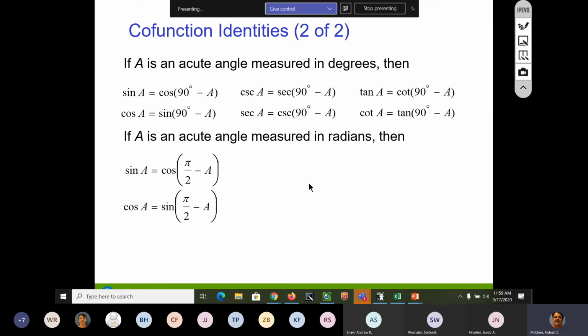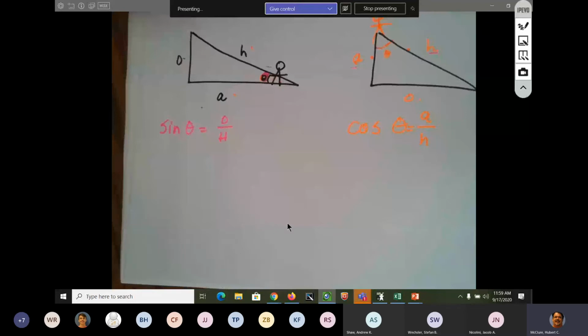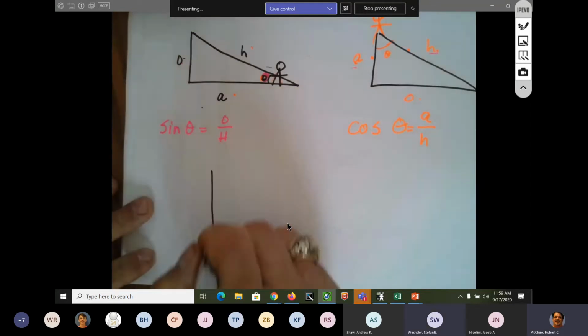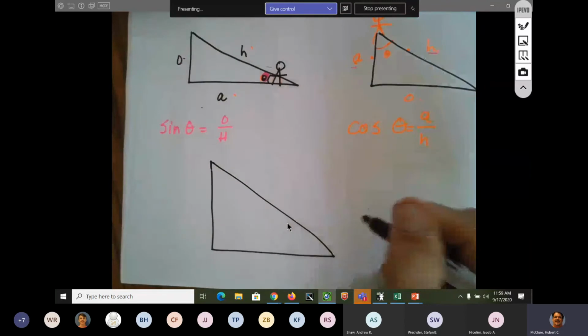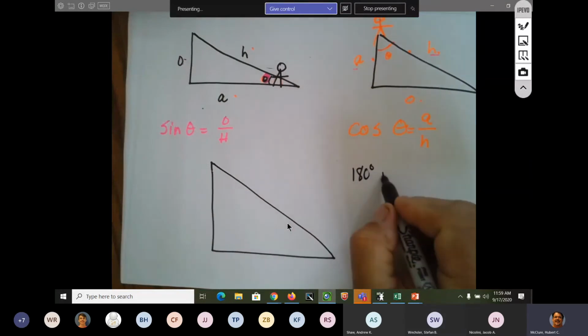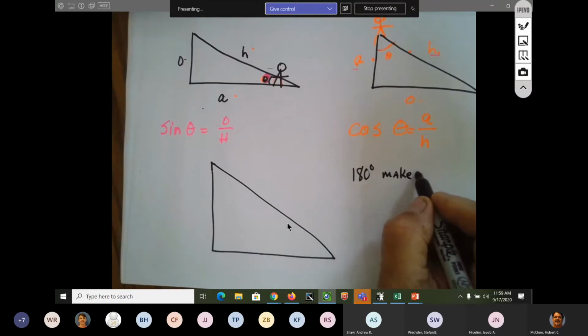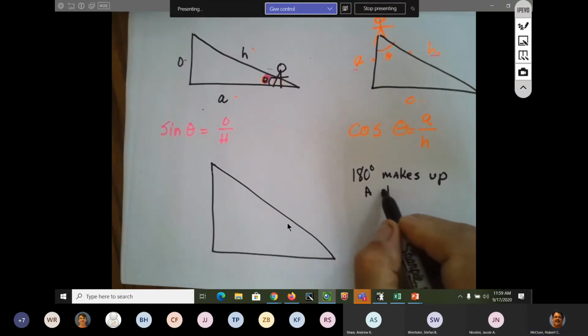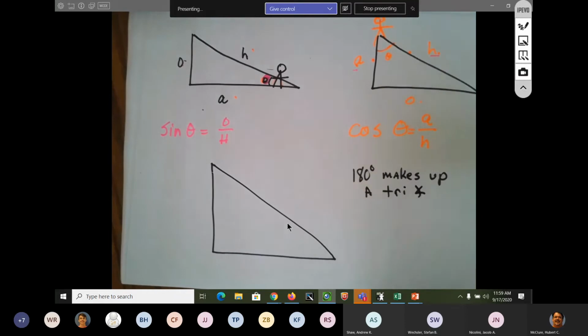If you're given an angle and they say the cofunction, then you subtract it, and that comes from this right here. I'll show you where this comes from. If you have a triangle, how many degrees make it up? 180.